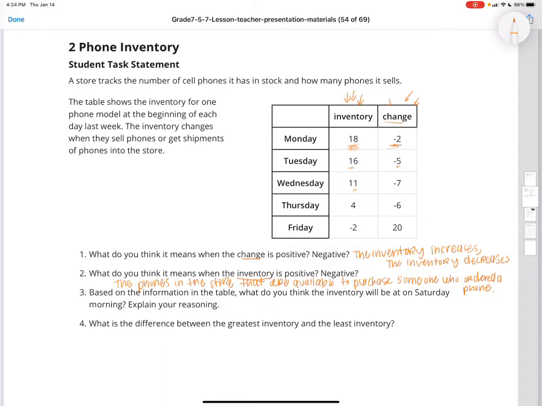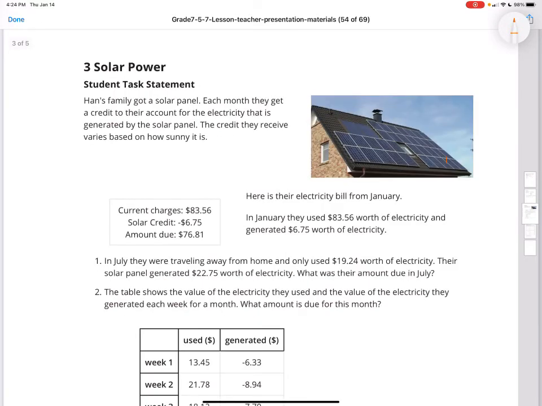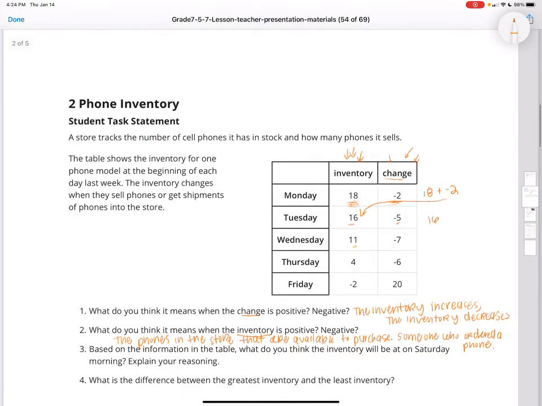So if you guys notice, if I was to add 18 plus -2, it would give me the amount for the following day. If I was to add 16 plus -5, it would go to 11.